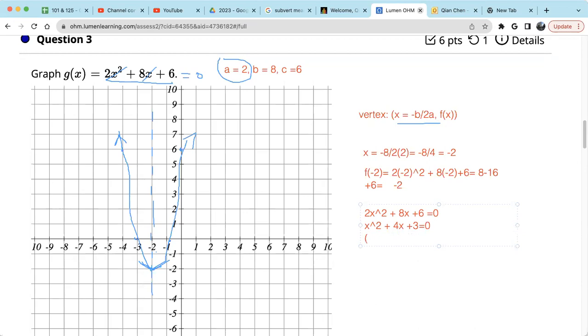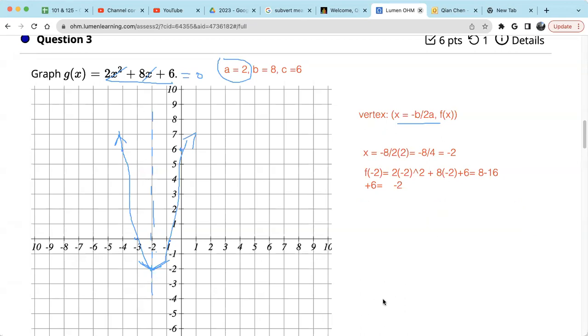Oh, this can be factored. Factor as x plus 1 times x plus 3 equals 0. So I get the 2 values, negative 1 and negative 3. All right, so that gives me 2 points: negative 1, 0, and negative 3, 0.